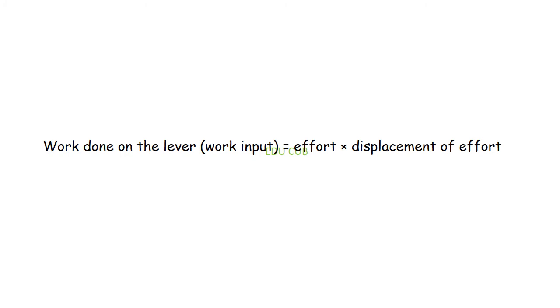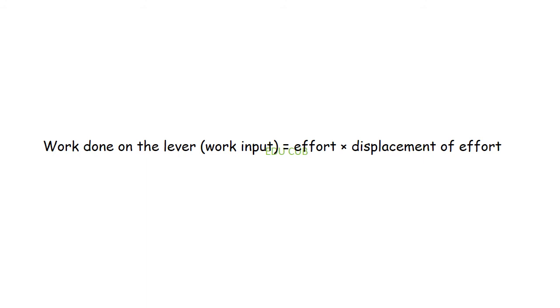Let's consider the lever that we mentioned above. The effort at B is 50 Newton and the load lifted at A is 150 Newton. You already know how to calculate the work done by a force acting along a certain distance.